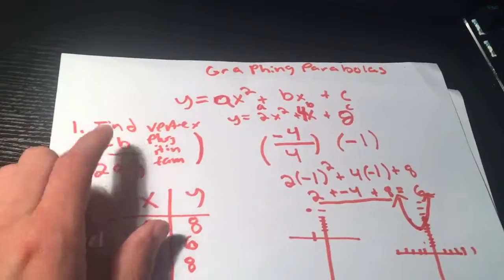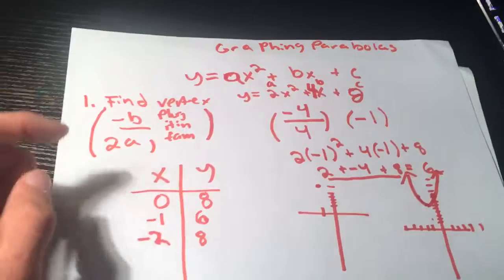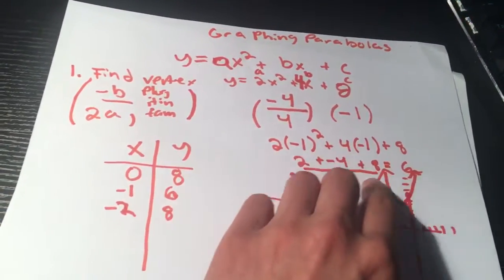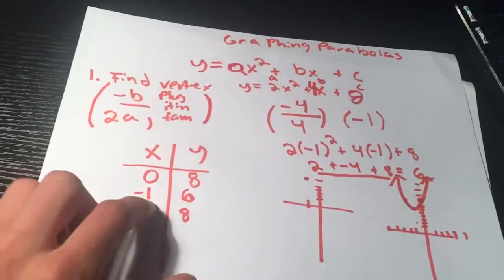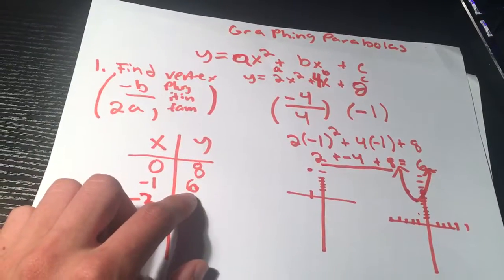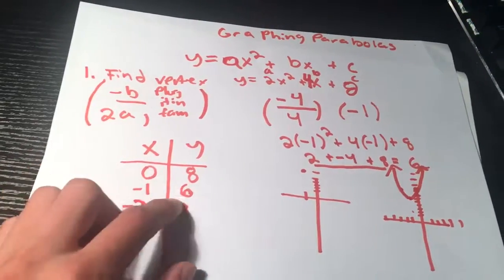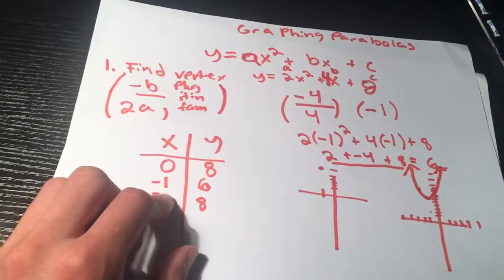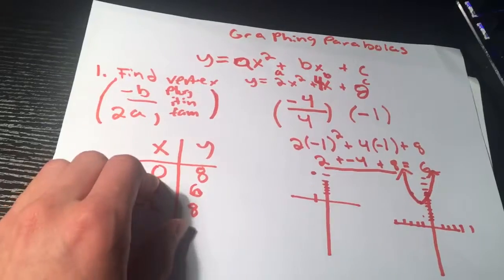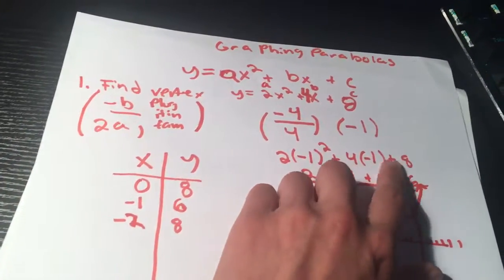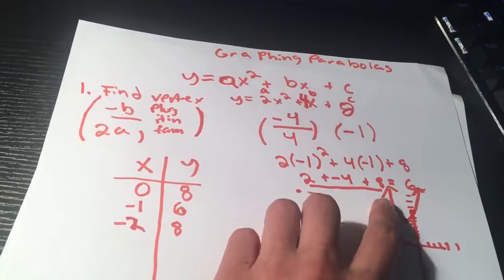Then to find y you plug that in, and you'll get 6. So the vertex is -1, 6. That's how you find the vertex, where it starts. Then, if you want an easy point, you just plug in 0, and you just get 8, because that's the only thing left over.